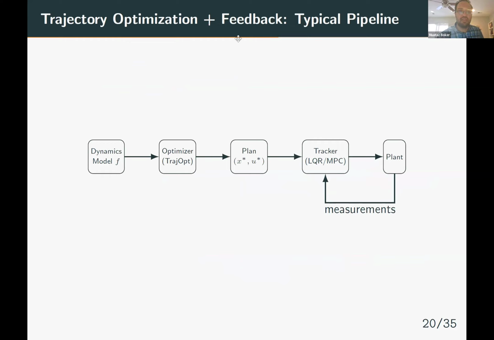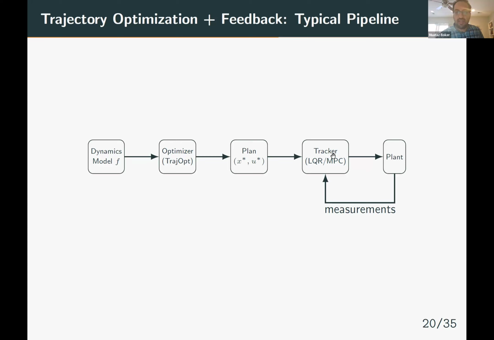So for example, here in trajectory optimization, you need the dynamics model. Based on that, you come up with an optimizer that gives you x star and u star, the optimal x and the optimal u, right?